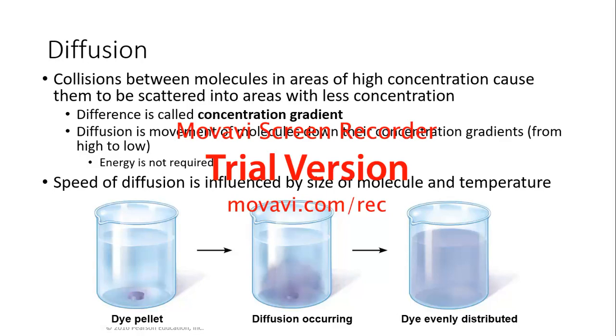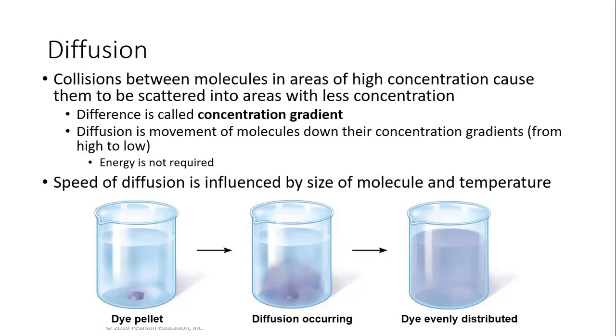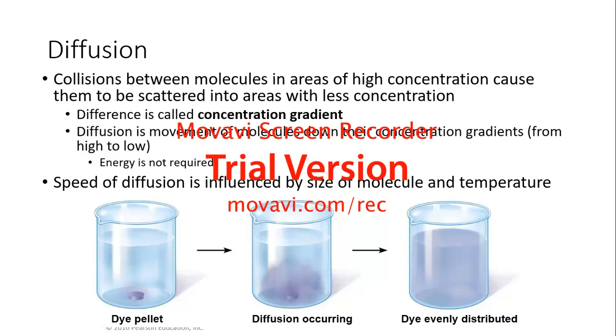What you do is you drop one drop of food coloring in both beakers, and you see how fast the food coloring disperses. So essentially, diffusion is influenced by molecule size and temperature.